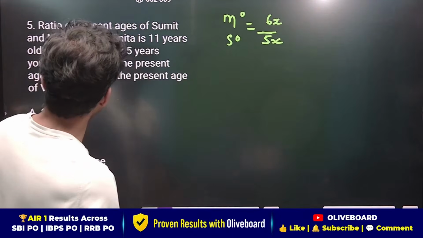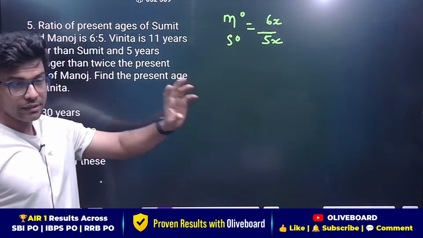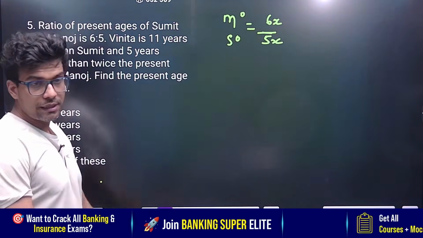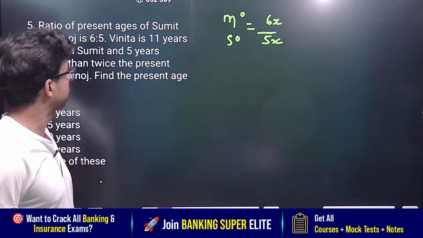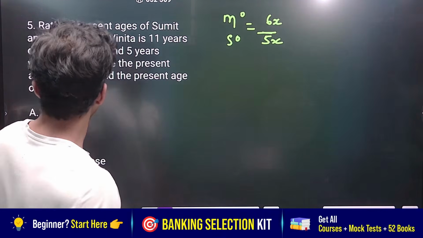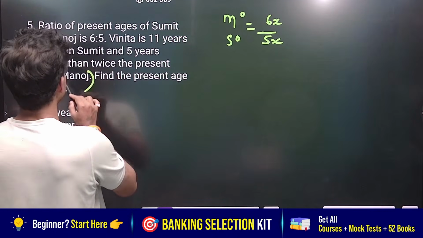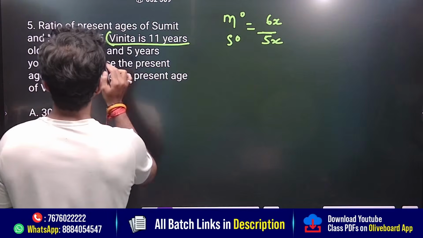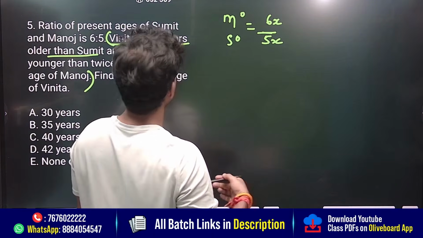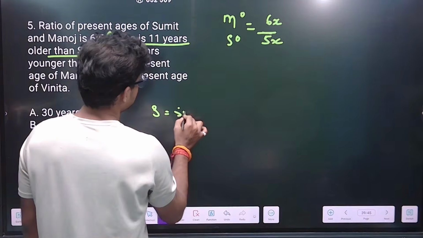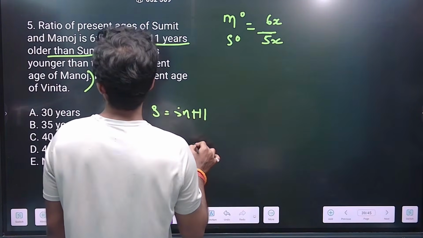Vinita is 11 years older than Sumit and 5 years younger than twice the present age of Manoj. That is a very critical point, guys. Vinita is 11 years older than Sumit, so Sumit is 5x, and Vinita is 5x plus 11.